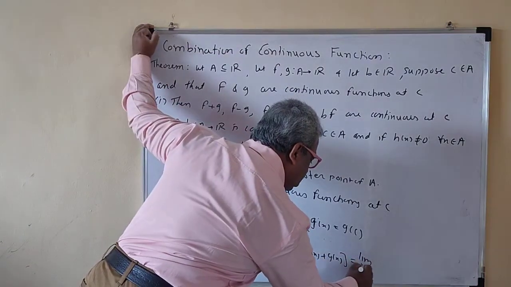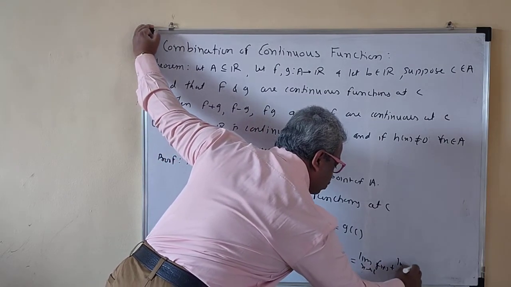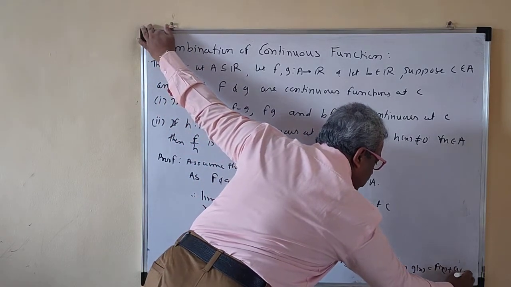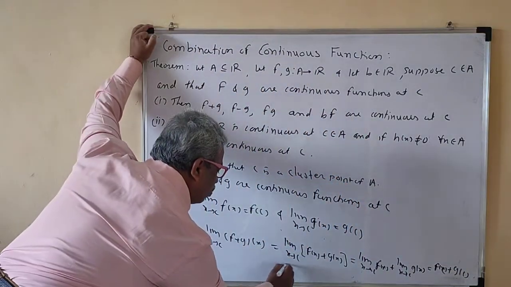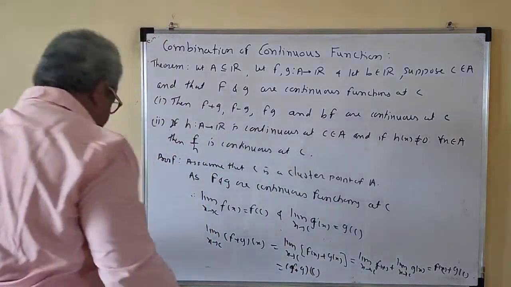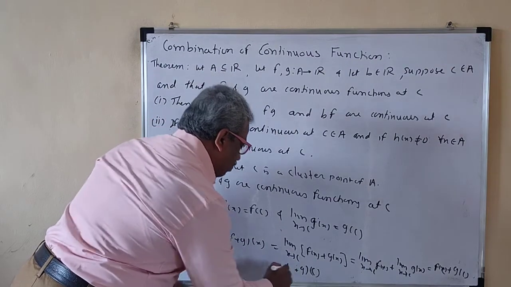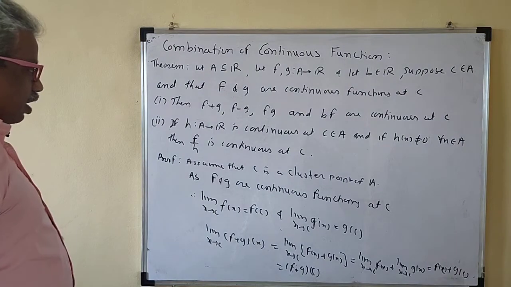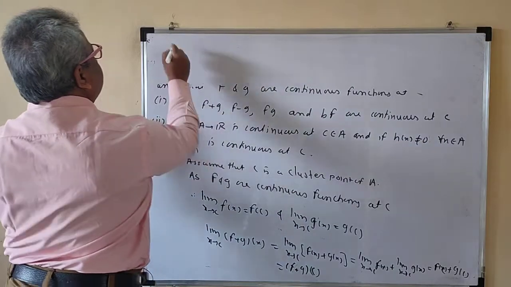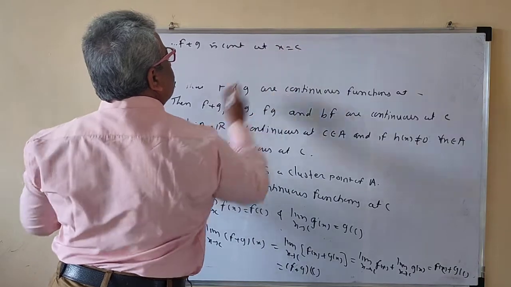So this is limit x tends to c of f of x plus limit x tends to c of g of x, which is f of c plus g of c, and this is equal to (f plus g) of c. Therefore f plus g is continuous at x equal to c.